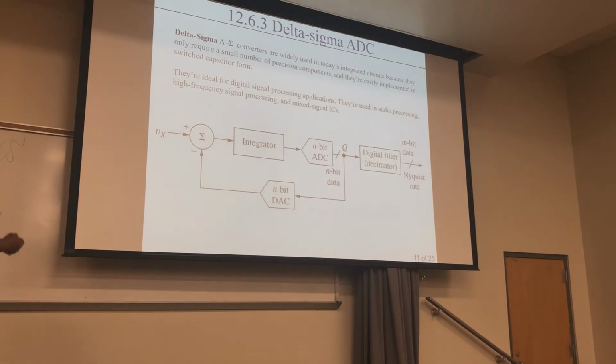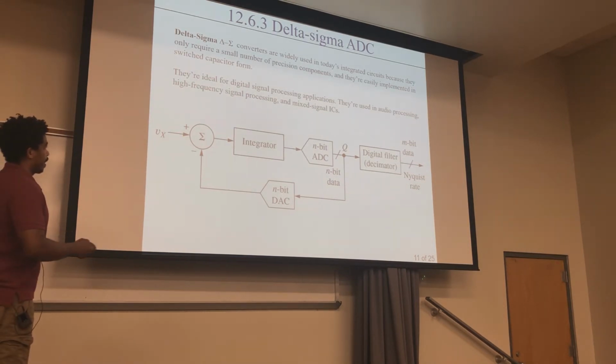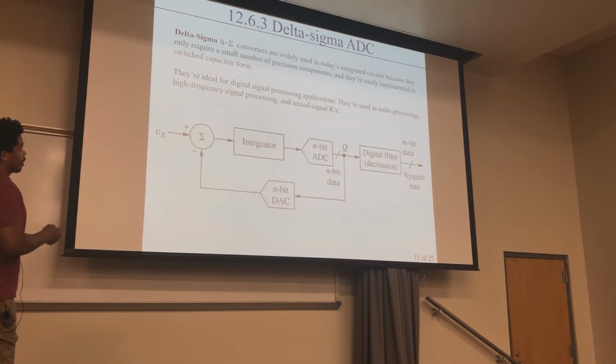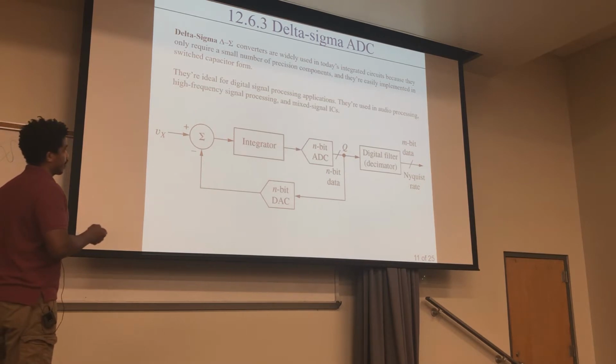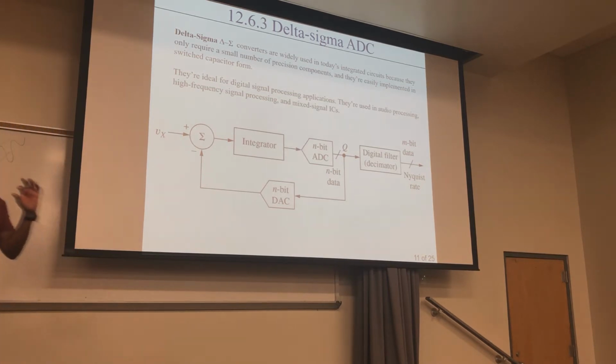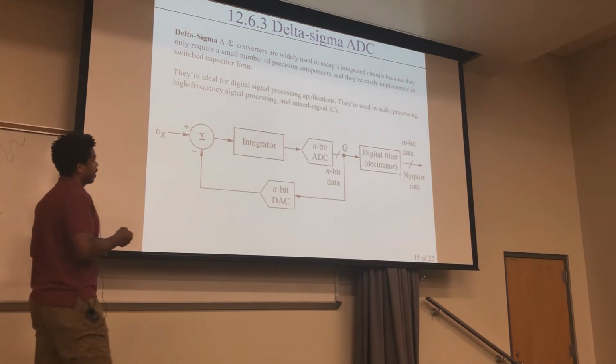So what happens here is that your signal comes in, and then you can see this feedback, right? The difference between these two signals is what's being fed into the integrator. So you can think of it as integrating the error, or just integrating the difference between two signals in time.